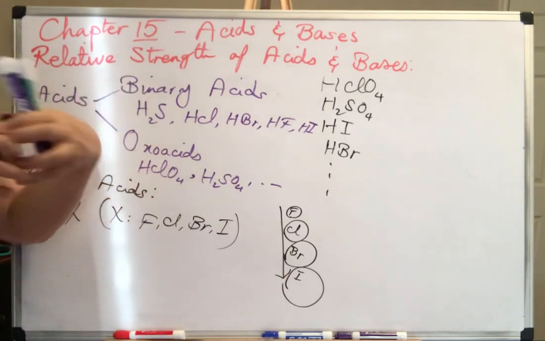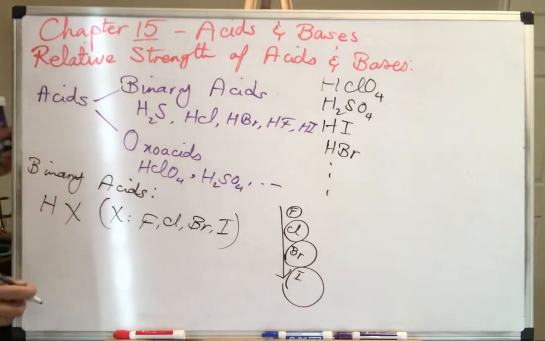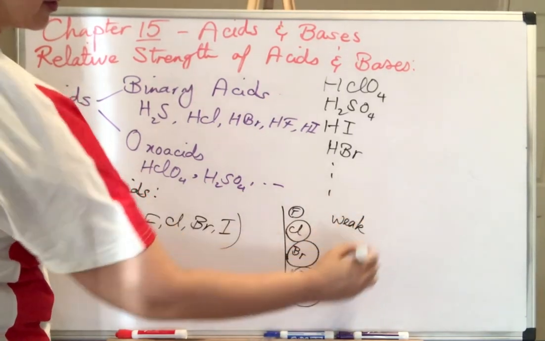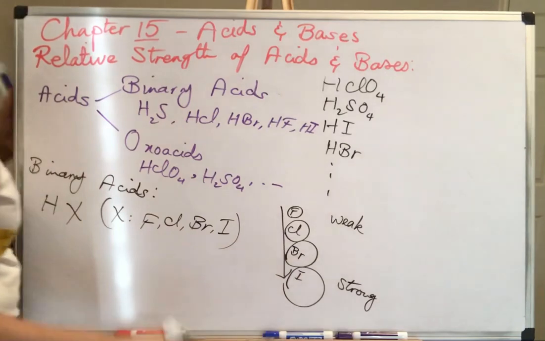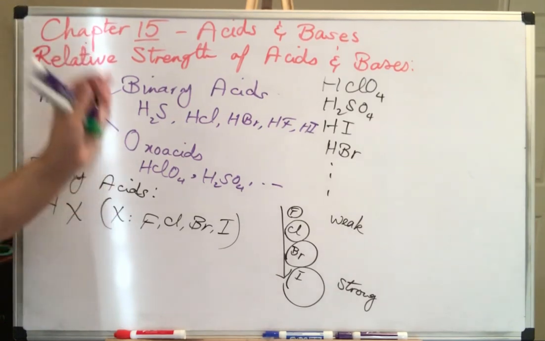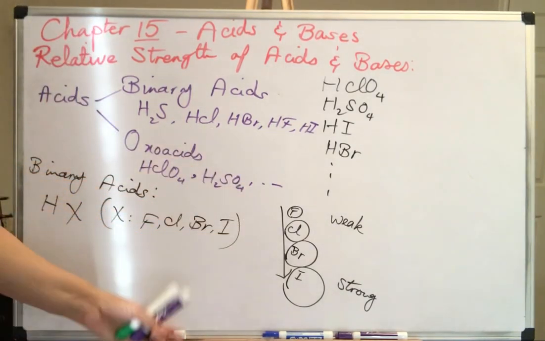So hydrogen is released better and faster. When we say a strong acid, it means they can release their hydrogen ion better. So by increasing the size down a group, the acidic strength increases.